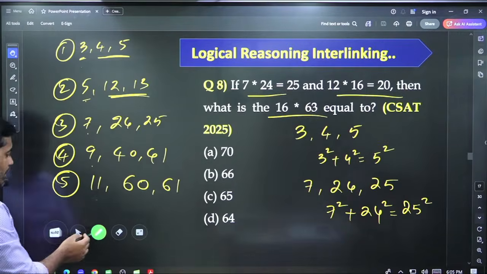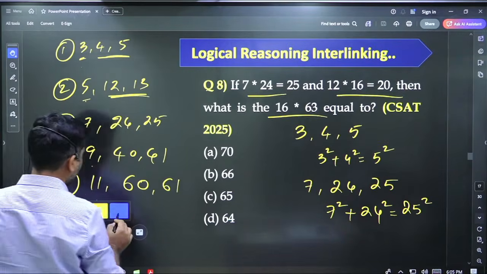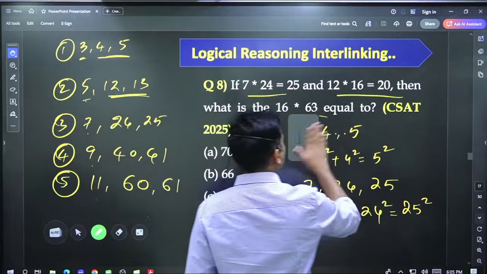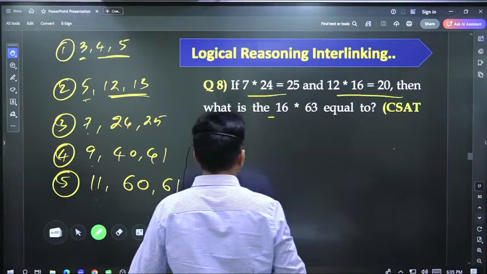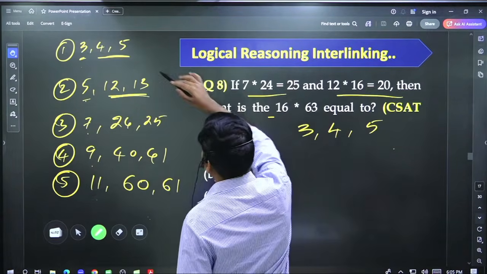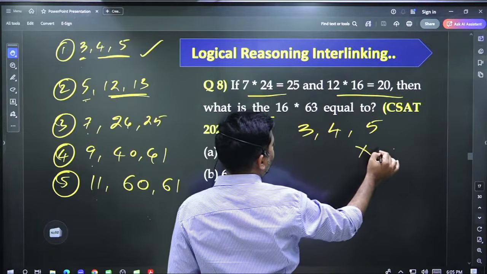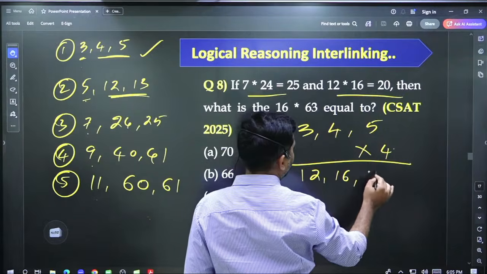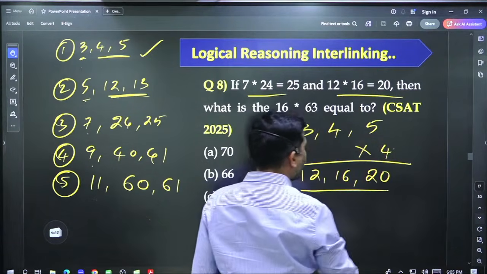In case you multiply any triplet with any other number, the result also becomes a triplet. Let us take the basic triplet 3, 4, 5. If it is multiplied by 4, what happens? 12, 16, 20. This is also a triplet.